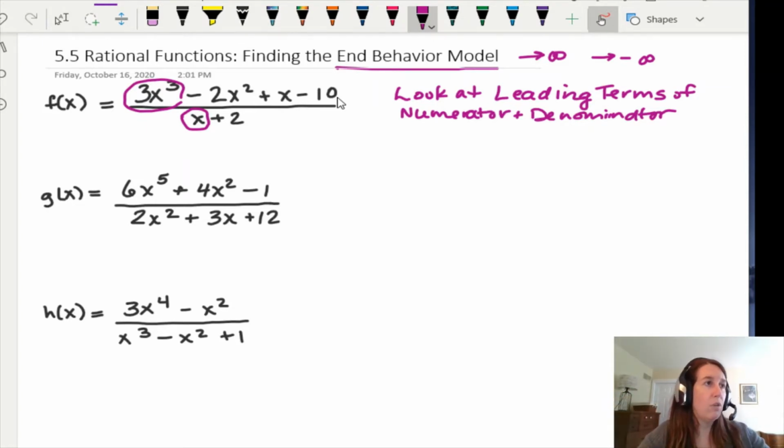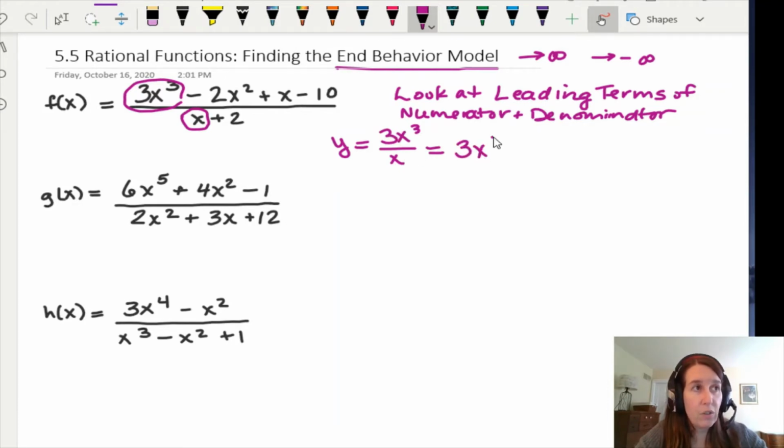So if we are talking about this function with 3x to the third on the top, and on the bottom we're looking at just an x, those are the things that determine what's happening at the ends. So those are called the end behavior model. We're going to simplify just that function, and we get 3x squared, and that is called the end behavior model.